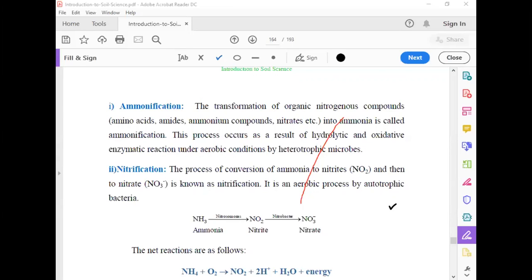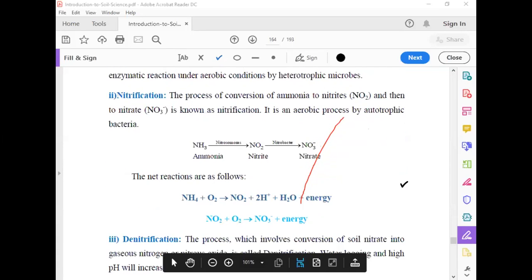This process is called nitrification. And the form NO3 minus is the most usable form and can be easily assimilated by plants.